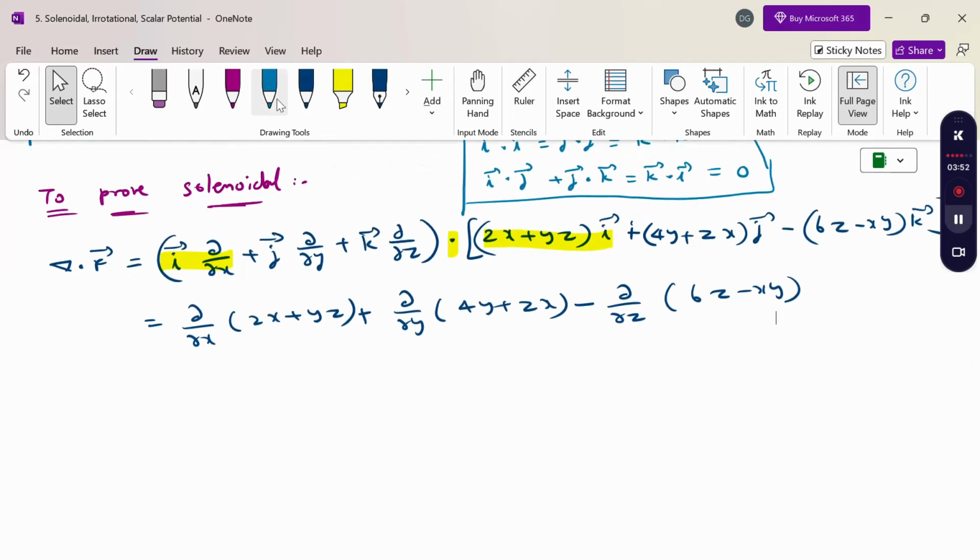Now differentiate partially with respect to x, because here x is the variable. Here x is the variable, y means y is the variable, z means z is the variable. Other values are considered constant.